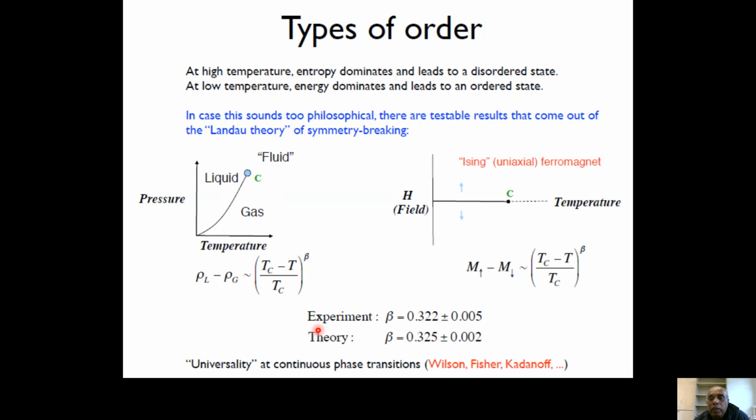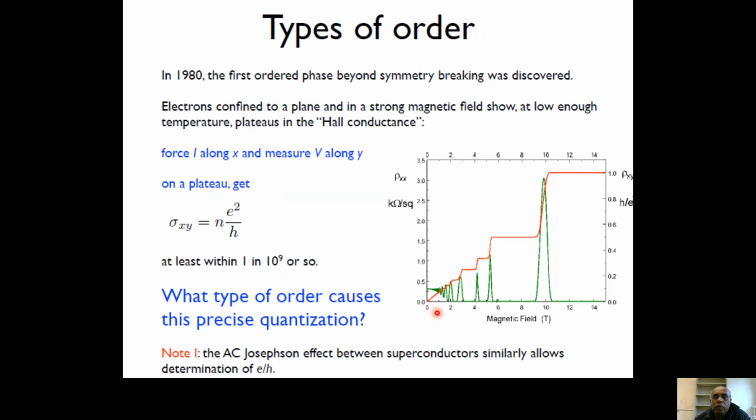Theory shows this beta is like 0.3, and experimentally people have measured it to be very close to that theoretical prediction. So this is a universality at these continuous phase transitions, right? They both are continuous phase transitions, so they have some universality.